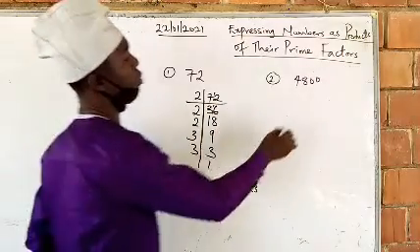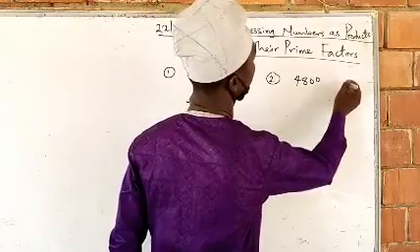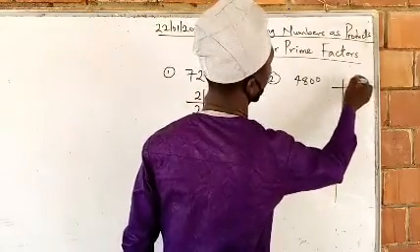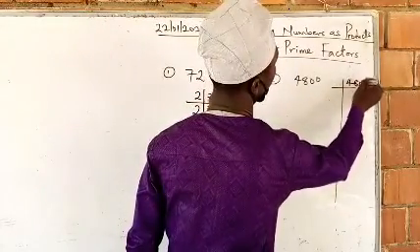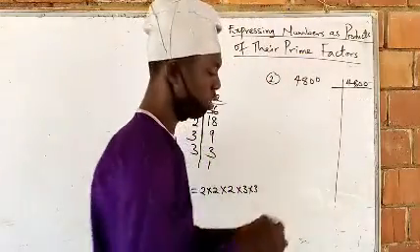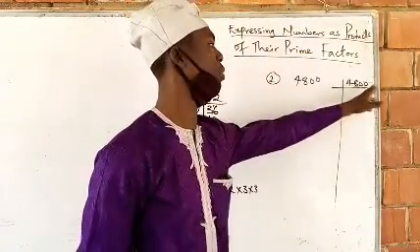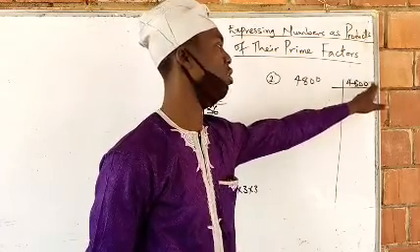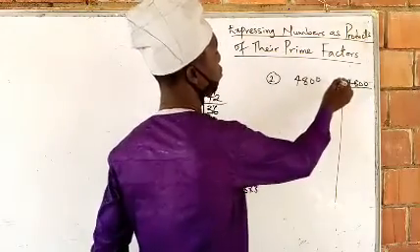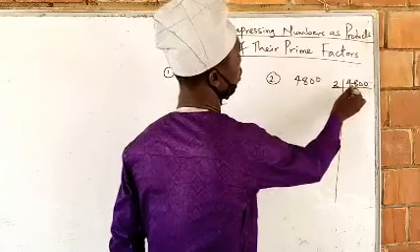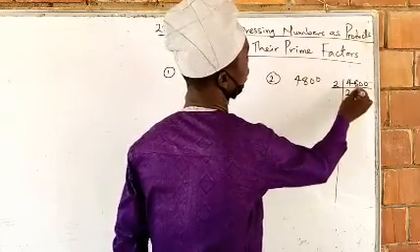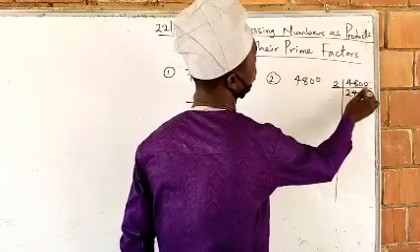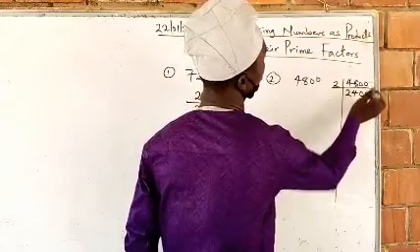The second example, 4,800. The last digit from the rules we gave previously is 0. So that means it is divisible by 2. 2 goes in 4, 2, in 8, 4, in 0, 0, in 0, 0.